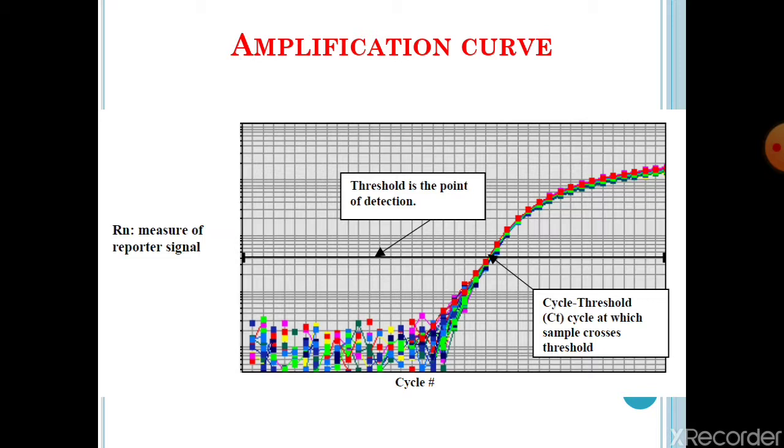Now you can see what CT is: it is the cycle at which the sample crosses the threshold level. These two values are very important for data analysis using the 5' nuclease activity.